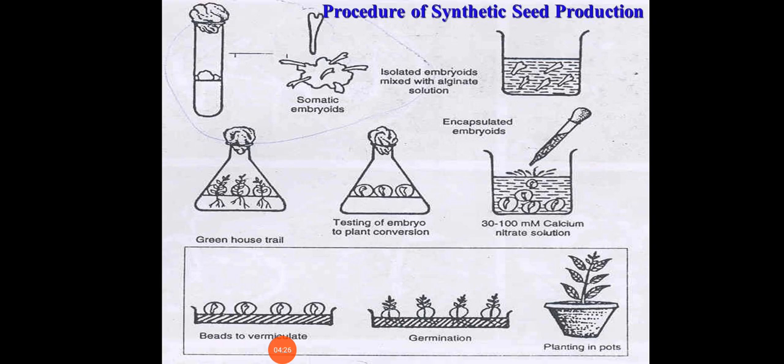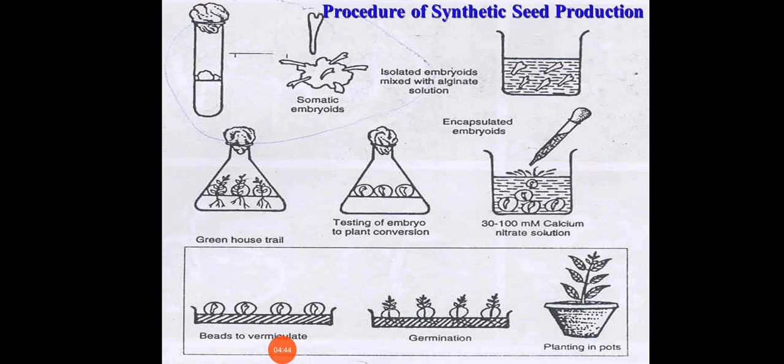On that culture media we can grow the explant from a somatic embryo. When somatic embryos are isolated, they are mixed with sodium alginate solution in a beaker.